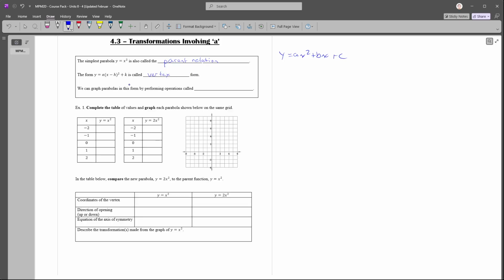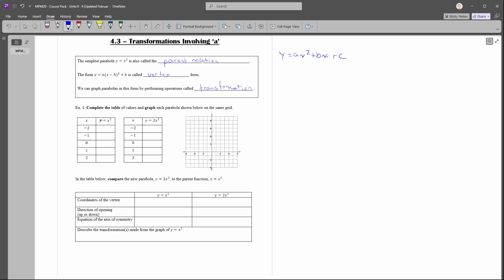That's generally speaking the idea. We can graph parabolas in this form simply by performing operations called transformations. There's a certain set of transformations we're going to talk about over the next few lessons, but we're going to keep it simple to start with.